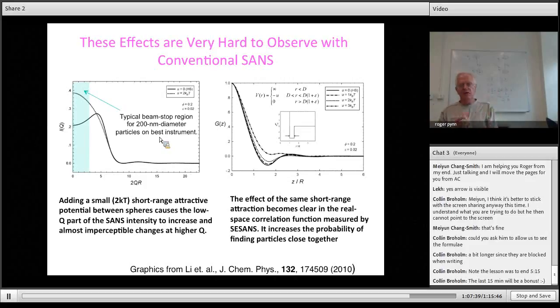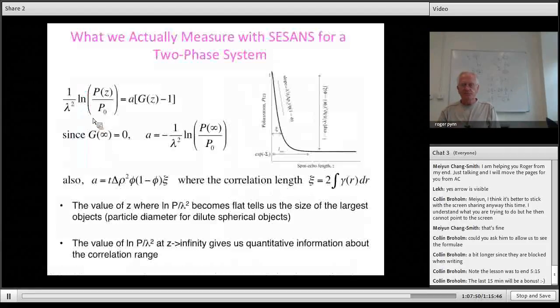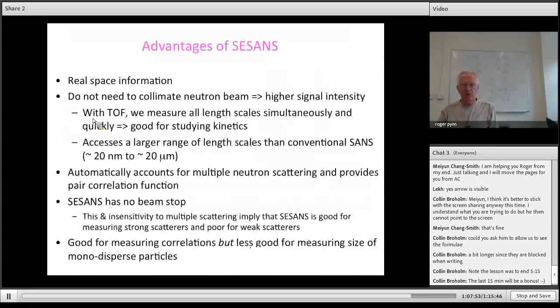And here you have the same thing. You have these two spaces, reciprocal space and real space. And what I'm showing you here is that sometimes it's better to measure in one space than the other. So let me just go through this last viewgraph here.